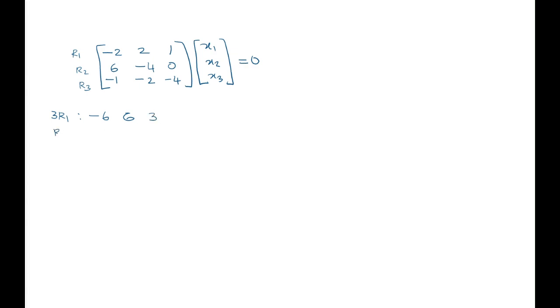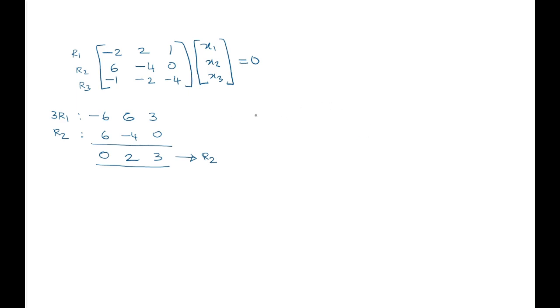R2 we are going to keep the same. So this is 6 minus 4 and 0. So when this is added, it becomes 0. So when we add, we are getting this one, and this new value we are going to replace it along row 2.